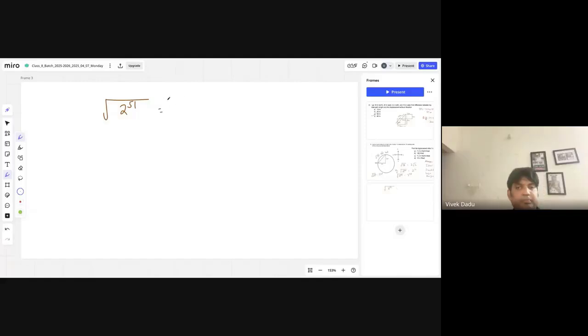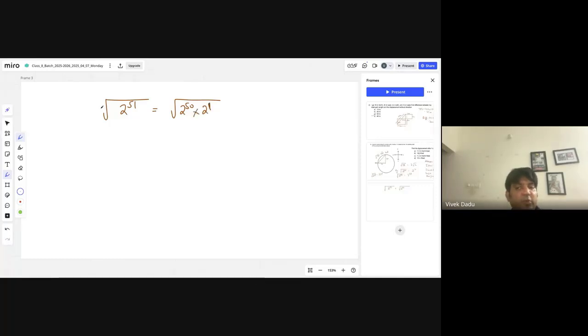Okay. You can write it as 2 power 25.5, but this is not the nice way to do it. This is not the simplest radical form. Don't do that. So the way to do it is you basically write it as 2 power 50 into 2 power 1.